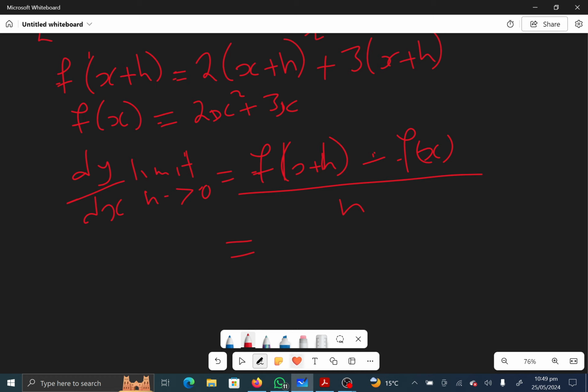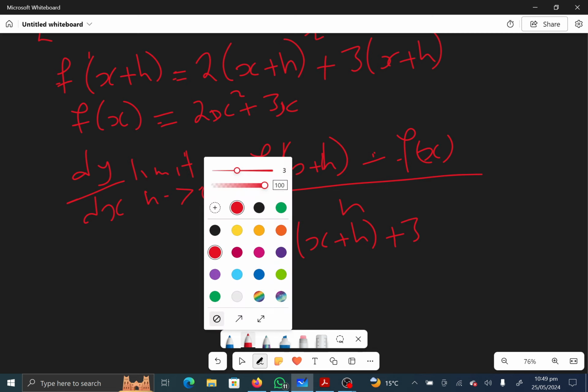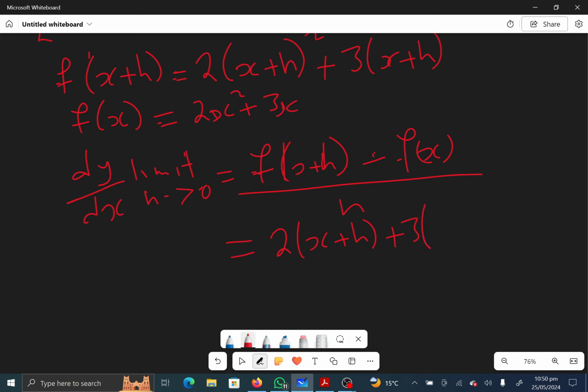So we will have 2x plus h plus 3x plus we have x plus h.